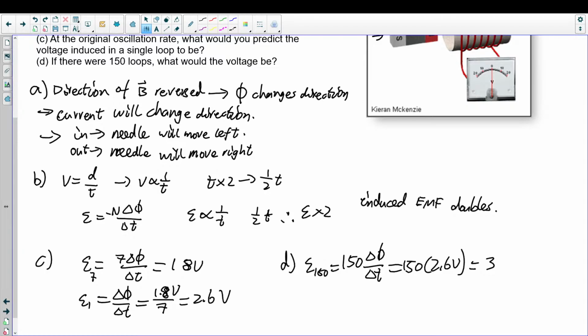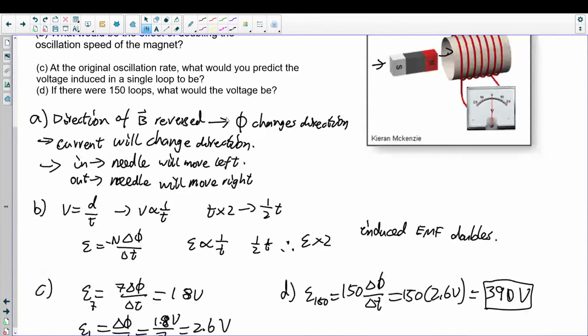Two sig digs. So there it is. Very straightforward application of Faraday's law. So this will be an example of Faraday's law.